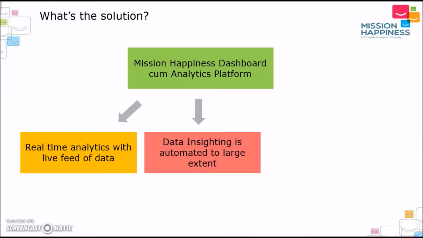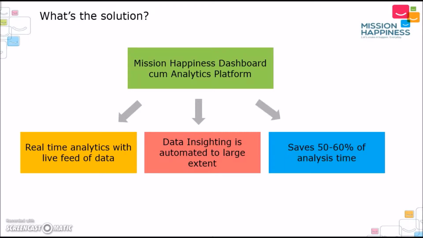Second, the data cuts that we used to build every time we started the analysis were automated to a large extent. We would spend more time in generating insights than generating data cuts. And the third major thing was that it saved around 50 or 60% of analysis time. So if you take 5 days to do an analysis, then now it takes around 2 to 3 days maximum.